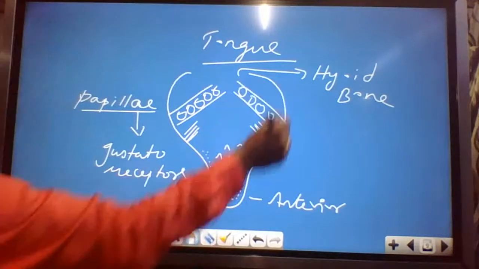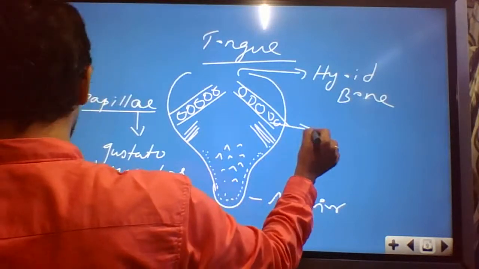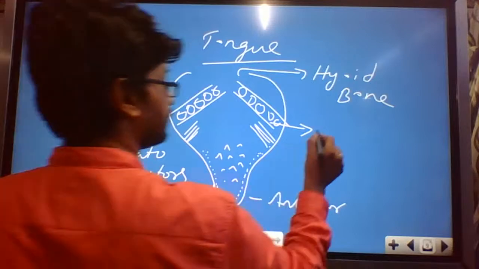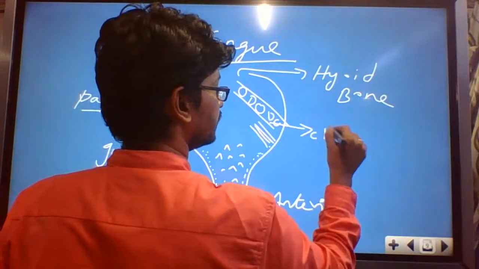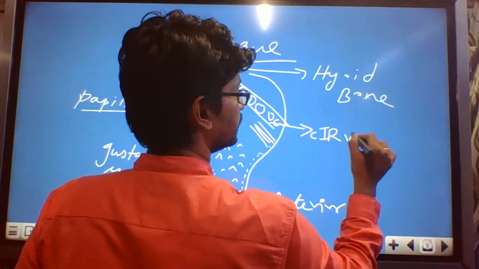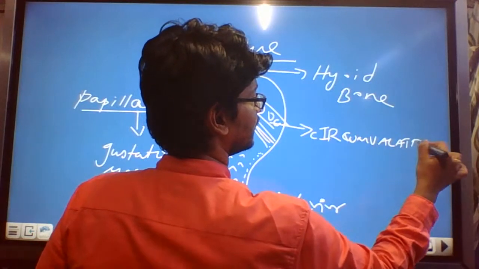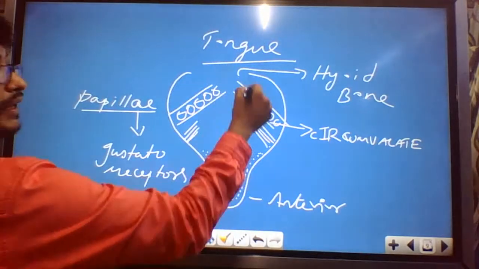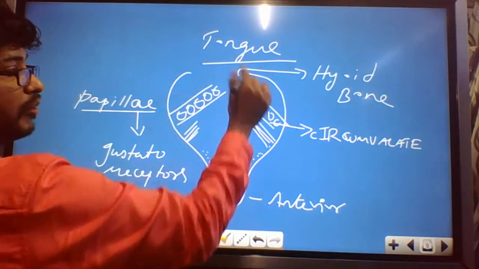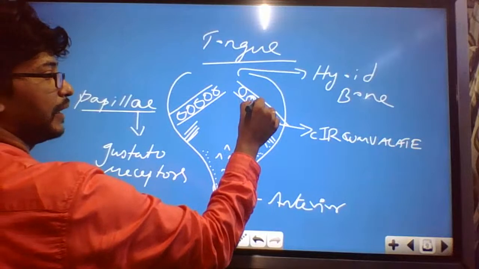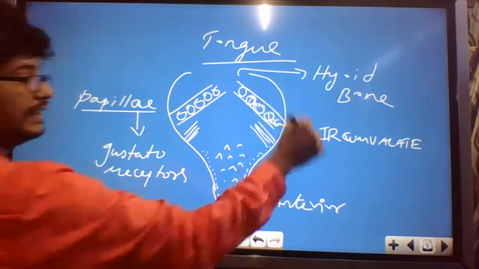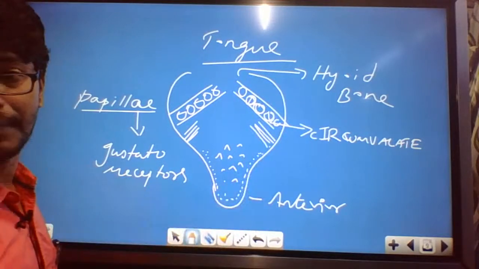This first one is called circumvallate papillae, which you see in a circular strip form.